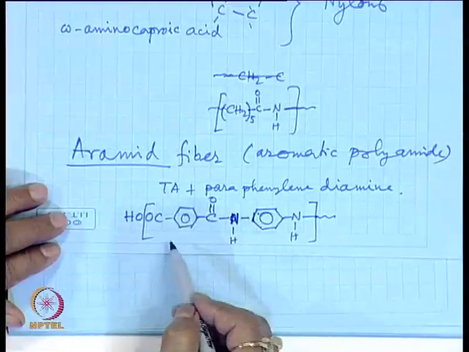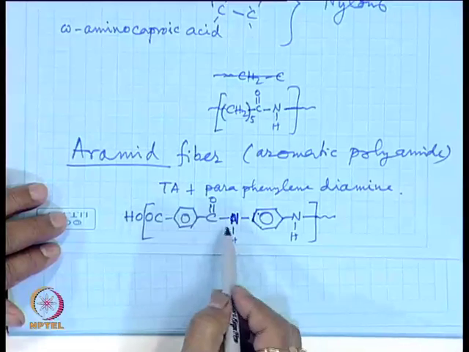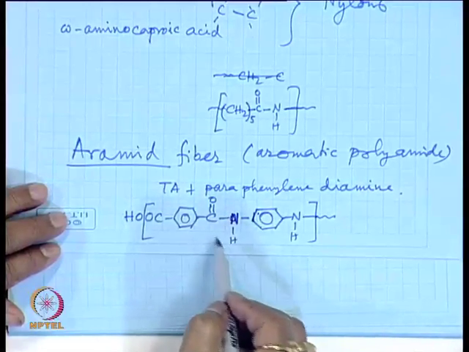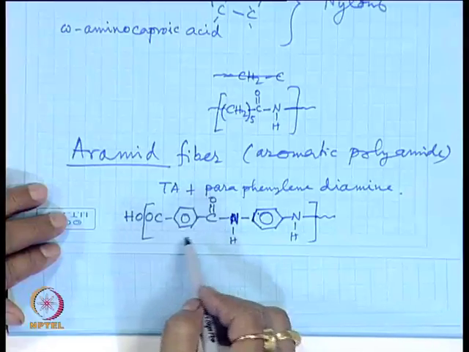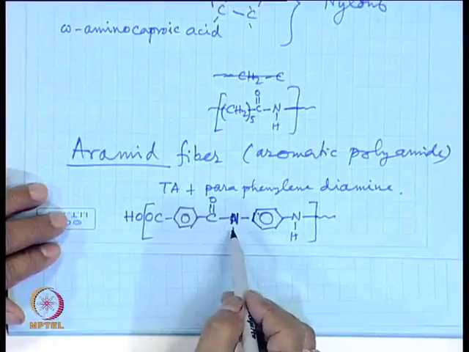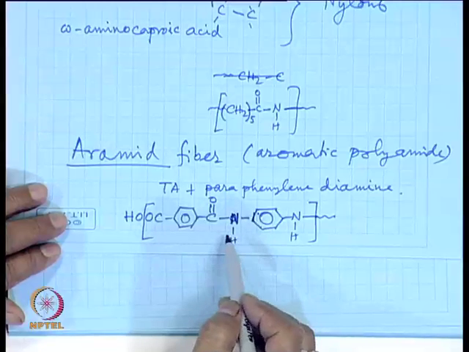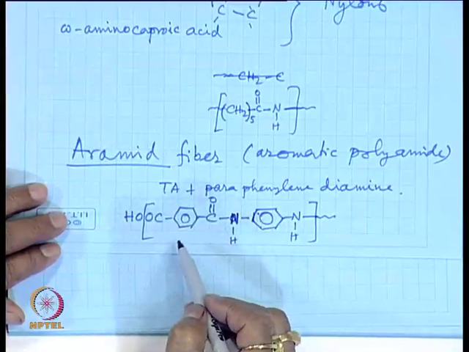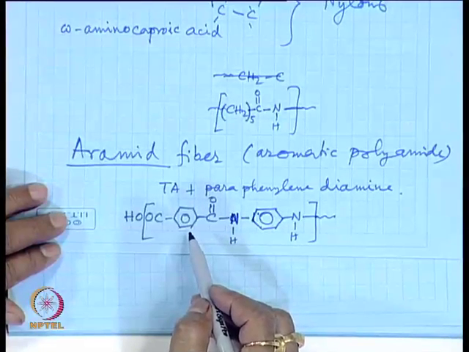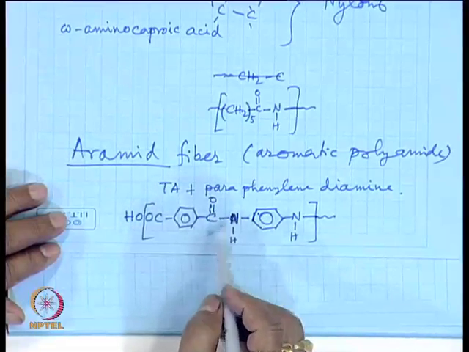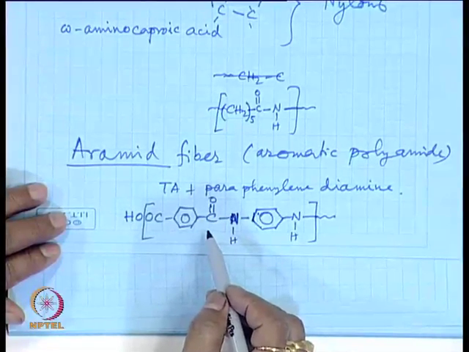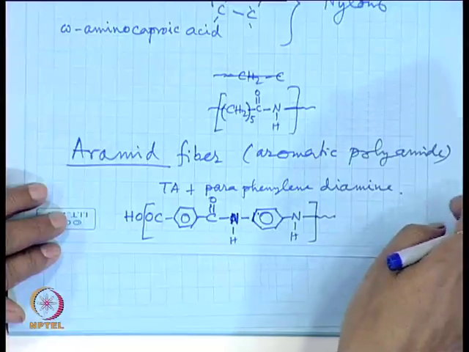Paraphenylene moiety, terephthalic acid moiety, one CONH group has come. So, this has the amide functional group CONH, and is an aromatic polyamide. You can take meta substitution, the meta isomer also, then it cannot lead to a fiber, but you can get film or other plastic.